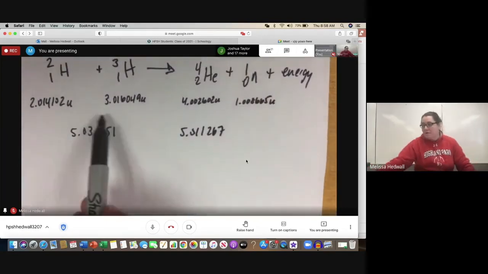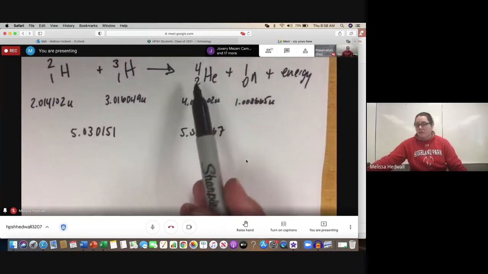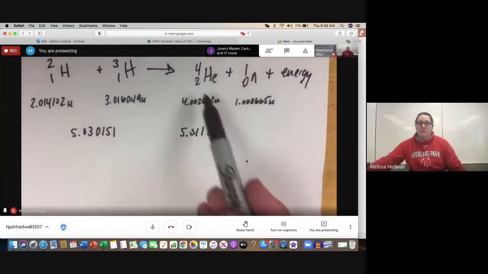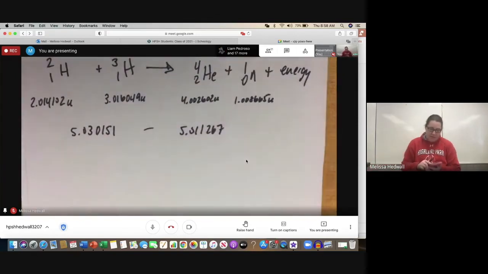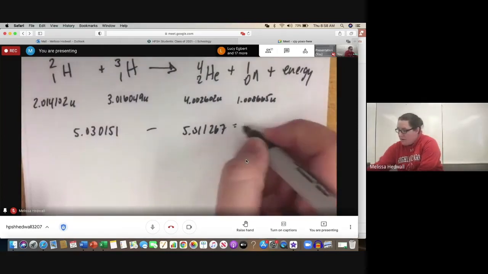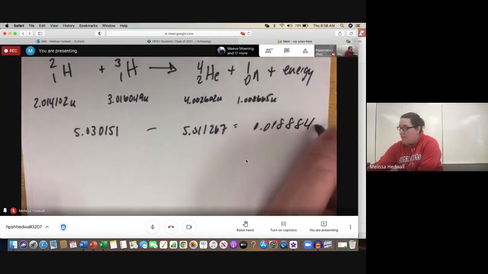Again, these are the parts, these are the whole. The parts over here do not equal the parts over here, even though they're two different sets of parts, because they've shifted. We can get our mass defect by subtracting: 5.030151 minus the second one gives us 0.018884 units.